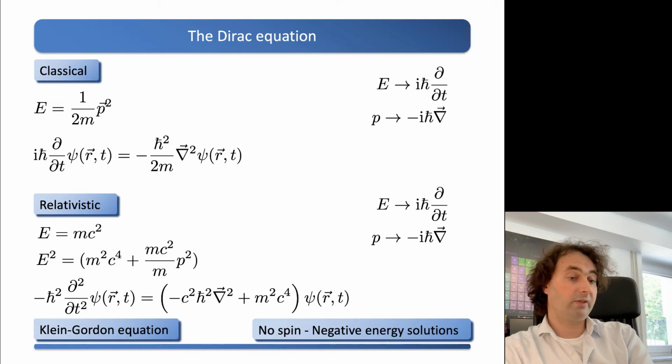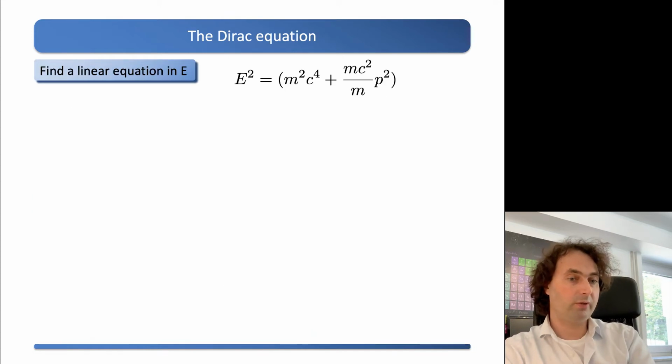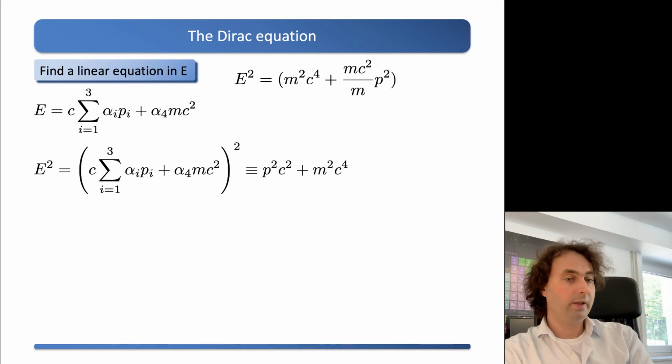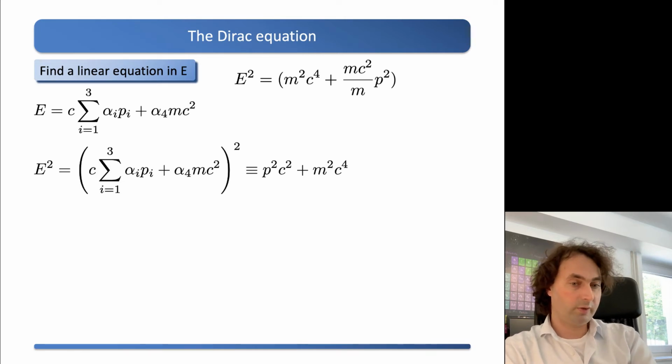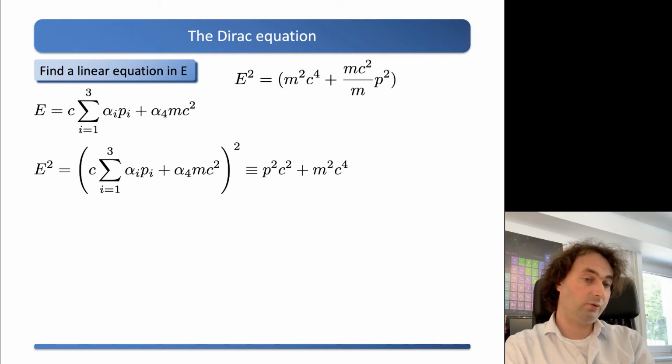The reason that you can have negative energies is because the equation is in E squared and not in E itself. So Dirac had a look if you can find an equation that is linear in the energy instead of quadratic in the energy. So for that he said the energy must be equal to something in the momentum plus a constant. He put in alpha i times the momentum plus alpha 4 mc squared, and then you want to solve this equation such that E squared is equal to p squared c squared plus m squared c to the fourth.